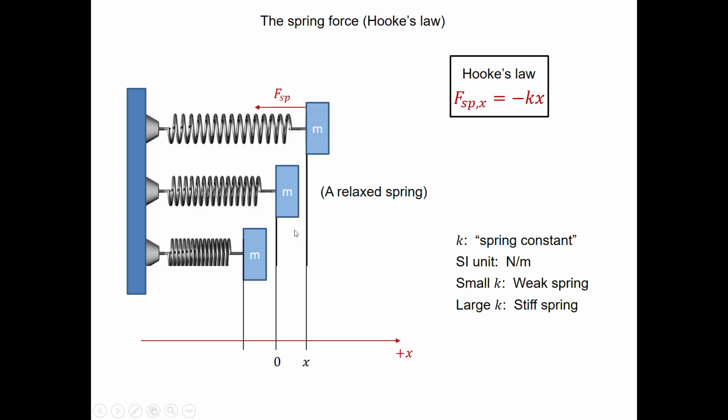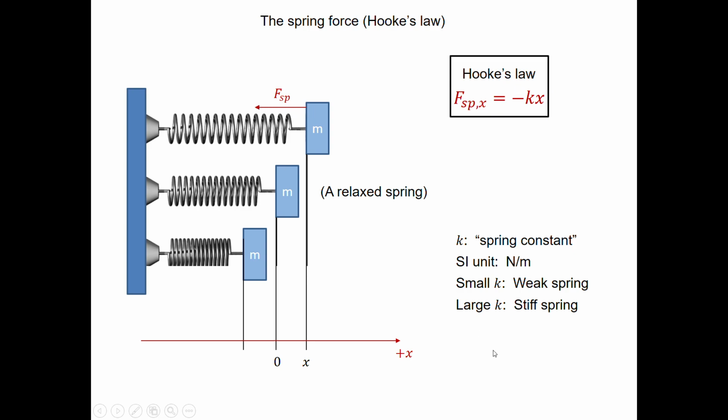Similarly, let's imagine we compress the spring, as in this third image down here. So here I've taken my hand and I've pushed the spring in to some negative x value down here on the x-axis. The spring force would now be pushing outward. And I guess I should have said in the previous case up here, the minus sign corresponds to the fact that if I've pulled this mass out to a positive x, the x component of the spring force is negative, which agrees with the fact that it's pulling in the negative x direction.